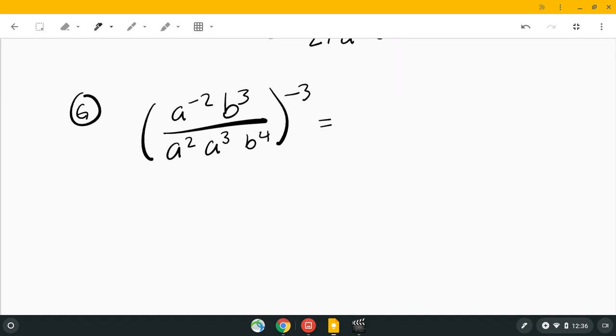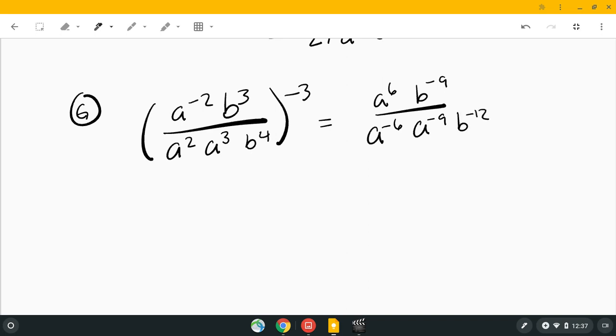Okay, so I'm going to take care of all the exponents with this. So multiply all the exponents by negative 3. So there, I'll get a to the 6. Here, I'll get b to the negative 9. Down here, I get negative 6. And here, I get negative 9. And here, negative 12.